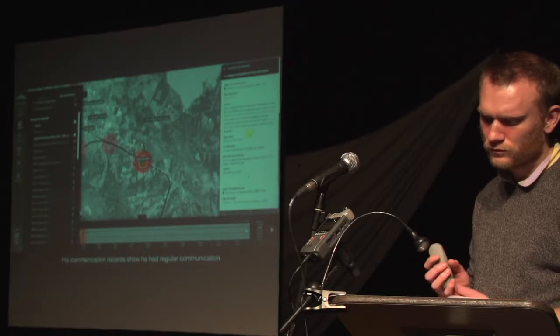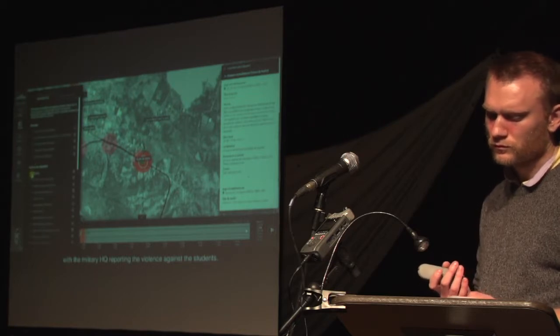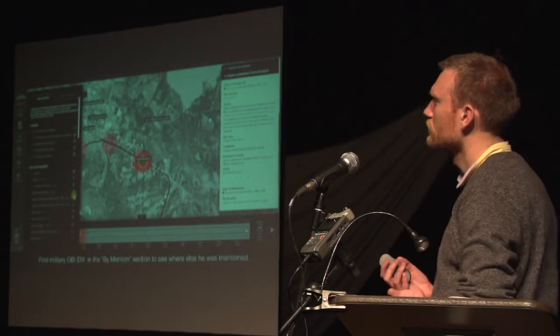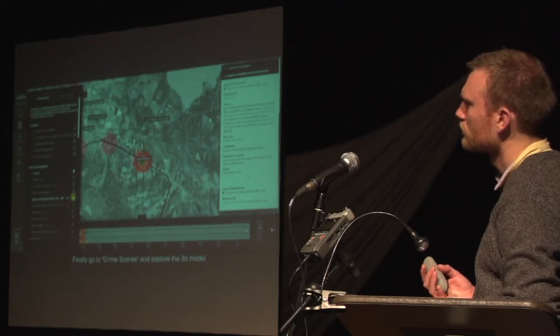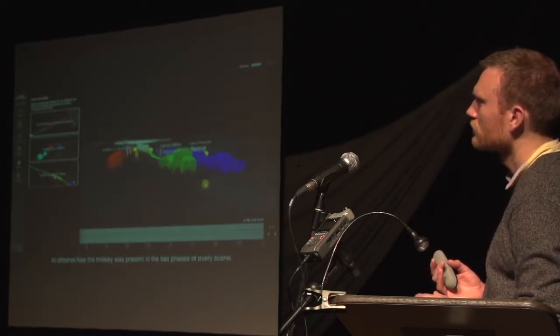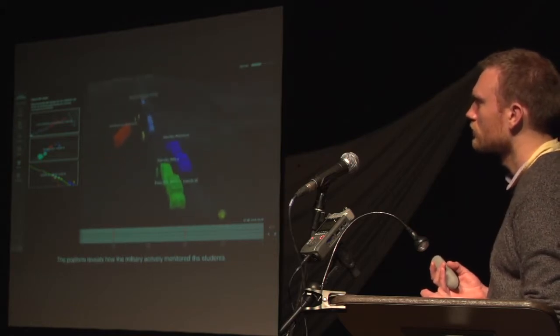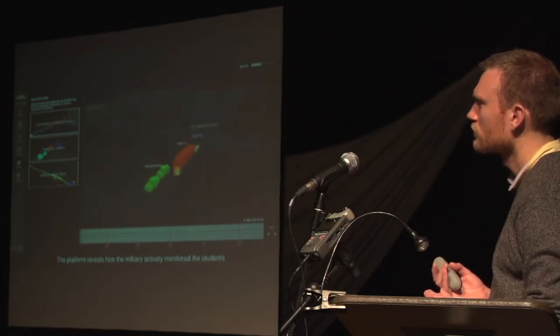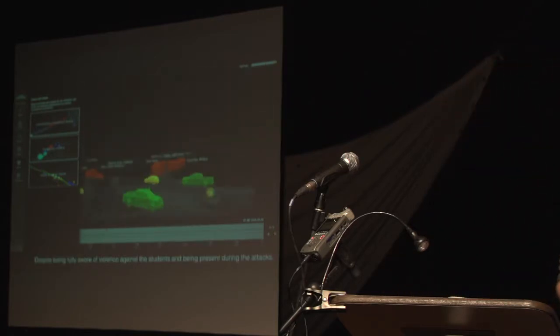Sus comunicaciones registran que estuvo en constante comunicación con el cuartel del ejército en Iguala, reportando la violencia contra los estudiantes. Encuentre al agente OBI-EM en la sección Por mención para ver dónde más fue mencionado. Finalmente, vaya a la sección Escenas y explore los modelos en 3D para observar cómo fue que los militares estuvieron presentes en los episodios finales de cada una de las escenas del crimen. La plataforma Ayotzinapa revela cómo el ejército monitoreó activamente a los estudiantes antes, durante y después de los ataques. A pesar de estar completamente al tanto de la violencia contra los normalistas y de estar presente durante los ataques, no tomó acción alguna para ayudarlos.